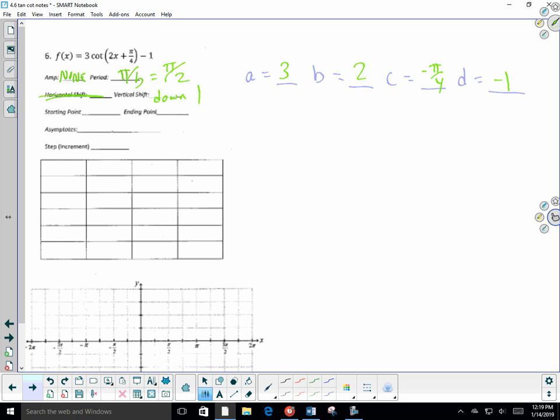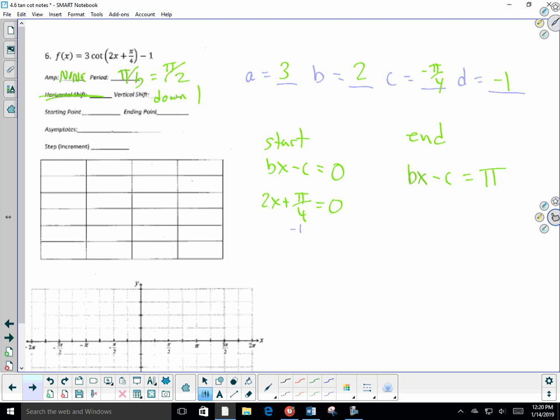Okay, and our starting point, remember this is a cotangent graph, so we start by setting bx minus c equal to 0, and we end by setting bx minus c equal to pi, because that's where our vertical asymptotes are on the parent function. All right, so bx minus c is 2x plus pi over 4. So I'm going to set that equal to 0 to get the starting vertical asymptote.